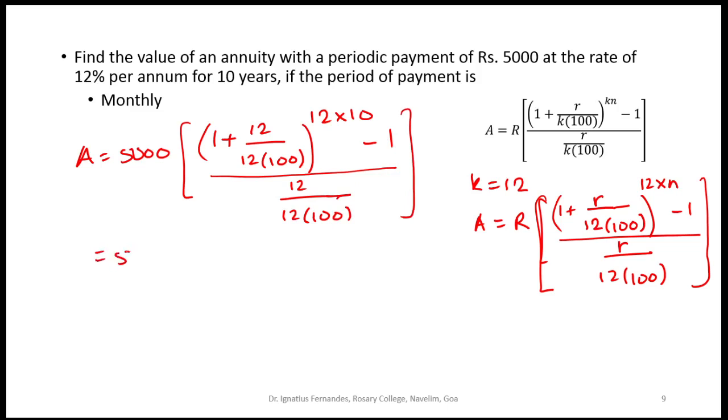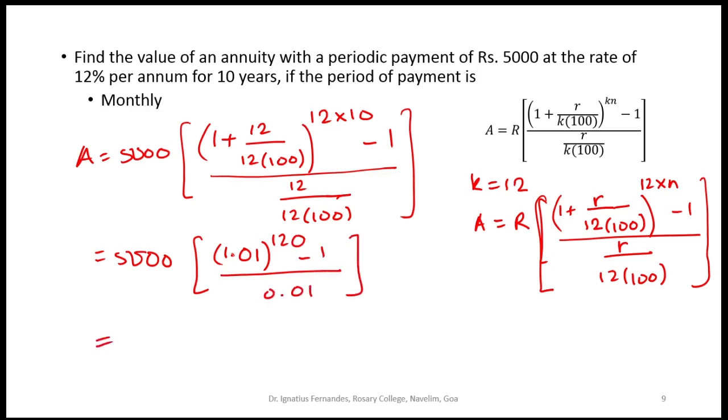So we have to simplify this. 5,000 into 12 upon 12 is 1, 1 upon 100 is 0.01 plus 1, so you will get 1.01 raised to 12 into 10, 120, minus 1 upon, this is again 0.01.